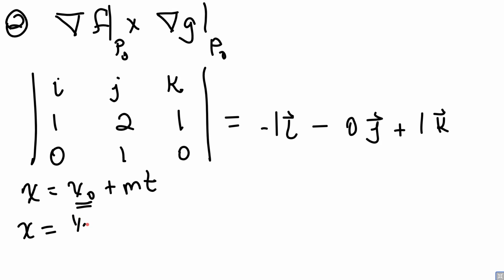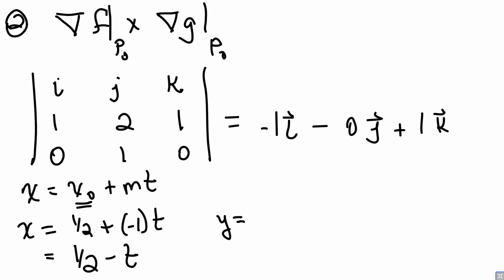Yes, it's going to be 1/2 because it's based on the point. Plus, what's our slope going to be? It's going to be -1 times t, or simply we will write 1/2 minus t, and that will be our equation for the x portion of the parametric.